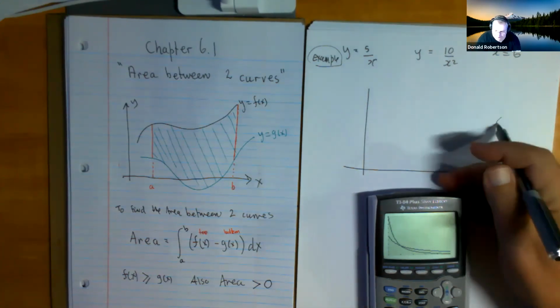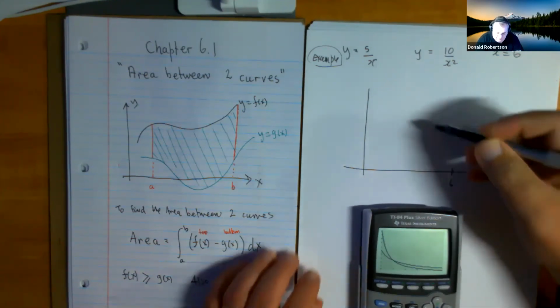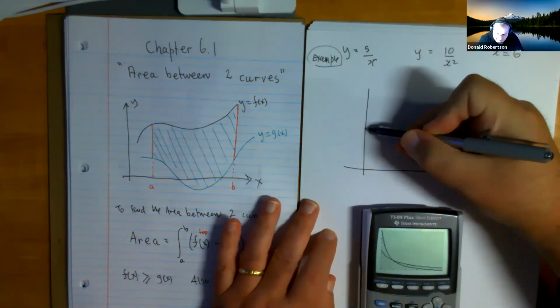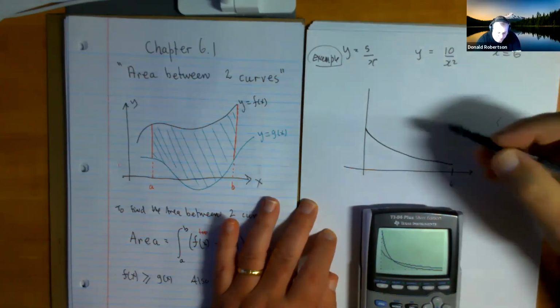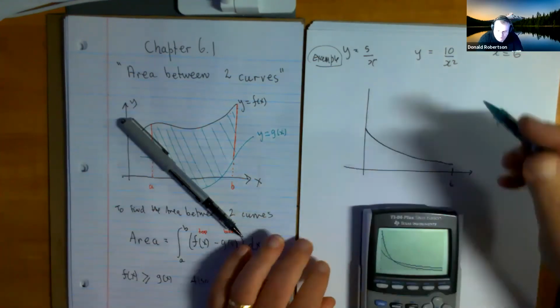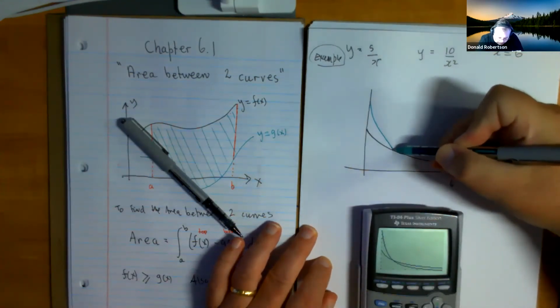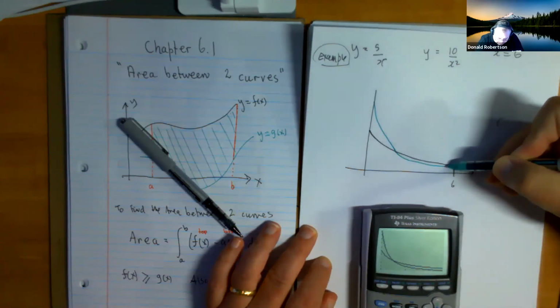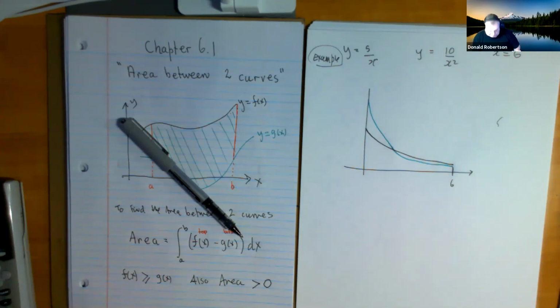So, if we imagine this is 6, we have one of the curves that kind of goes like this, and then we have a different curve that starts here, curves down, and then goes a bit lower. That's kind of what it looks like, agreed?